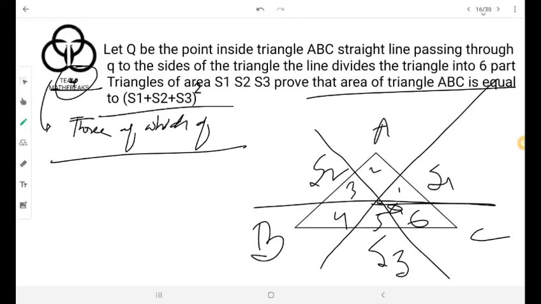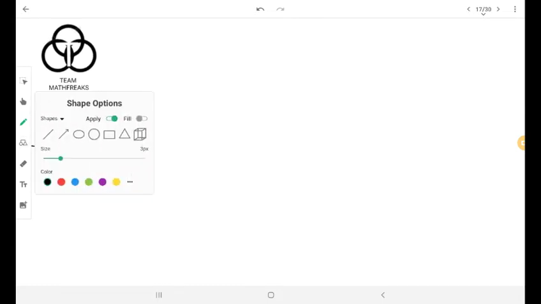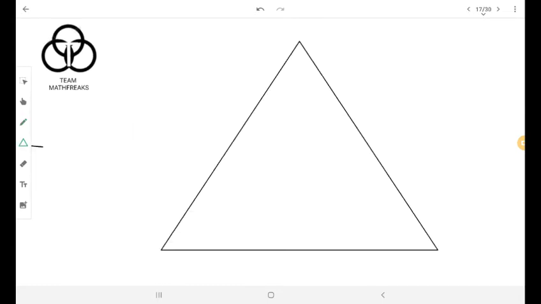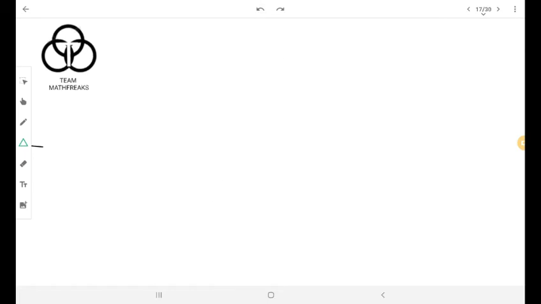Okay, now you just think yourself how you can approach this question, then definitely I will solve this problem. It's really an easy question, we just need a beautiful diagram for this problem to be solved.